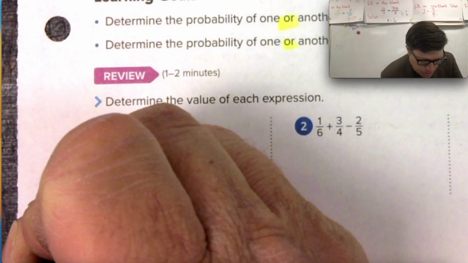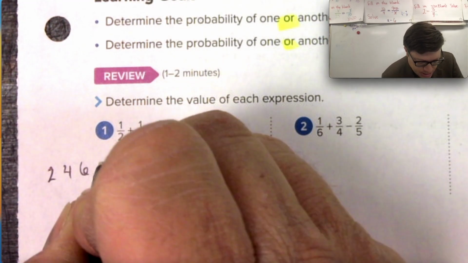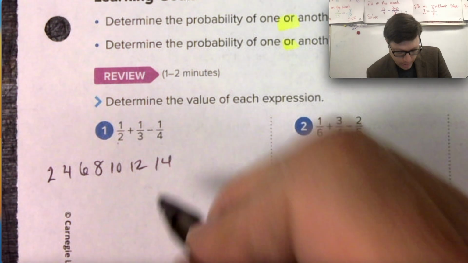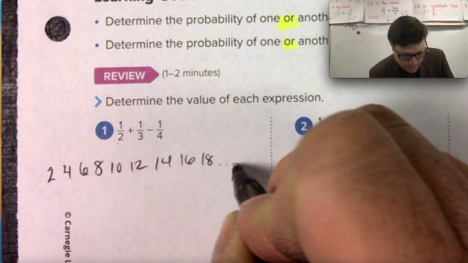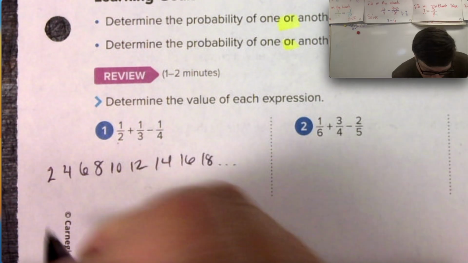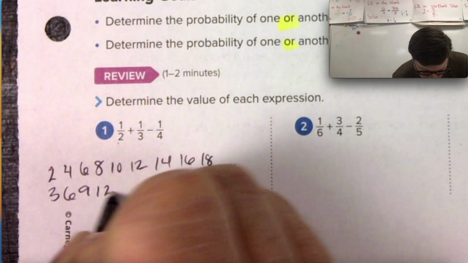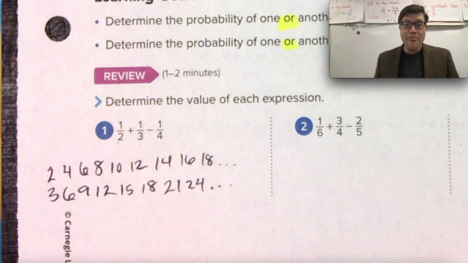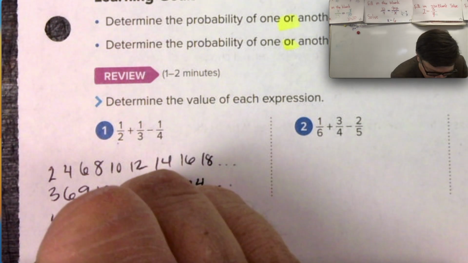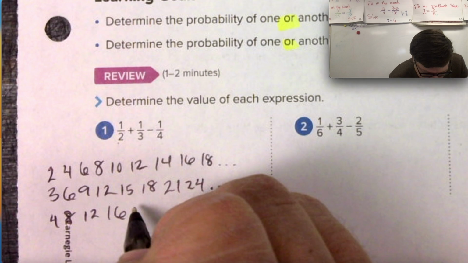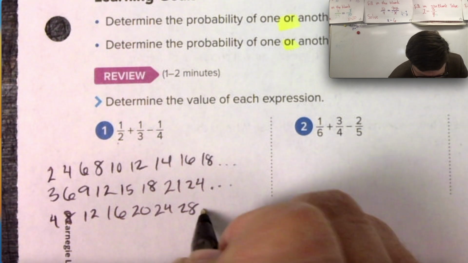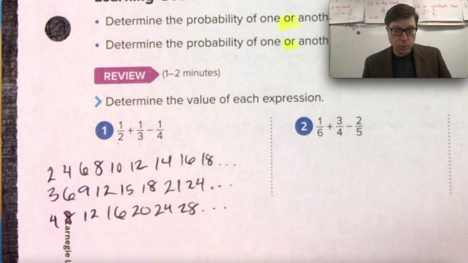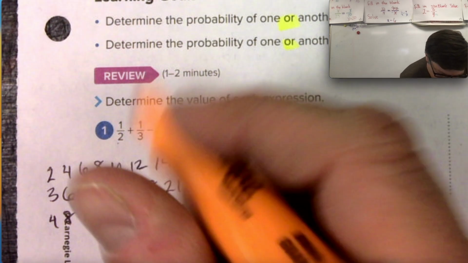Multiples of 2: 2, 4, 6, 8, 10, 12, 14, 16, 18, it keeps going. Multiples of 3: 3, 6, 9, 12, 15, 18, 21, 24. Multiples of 4: 4, 8, 12, 16, 20, 24, 28. The lowest common multiple of all three of those numbers is 12.